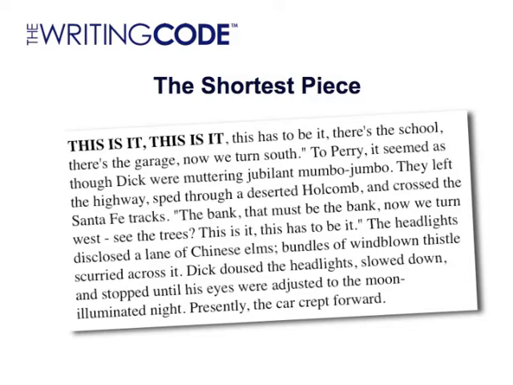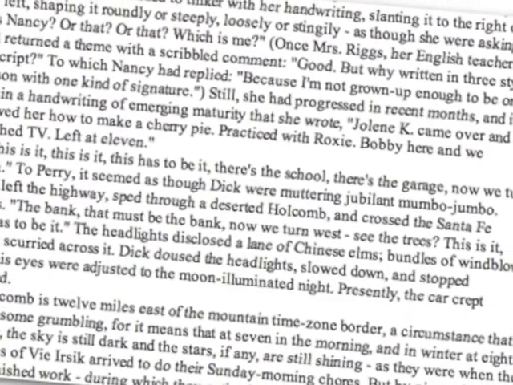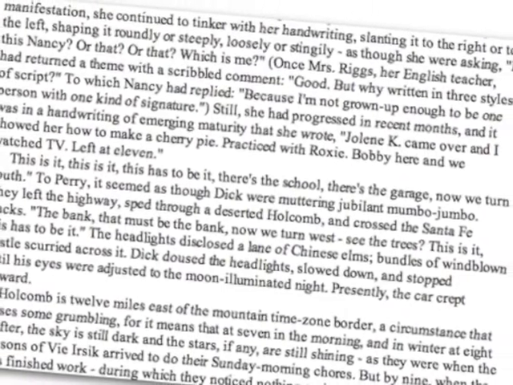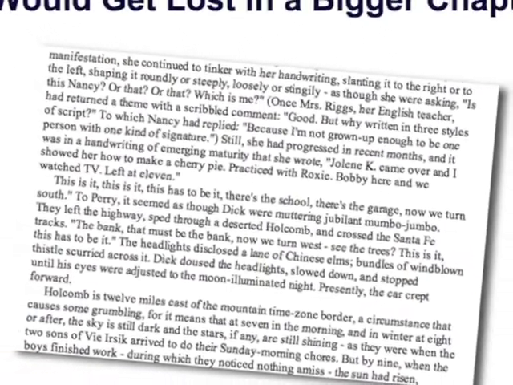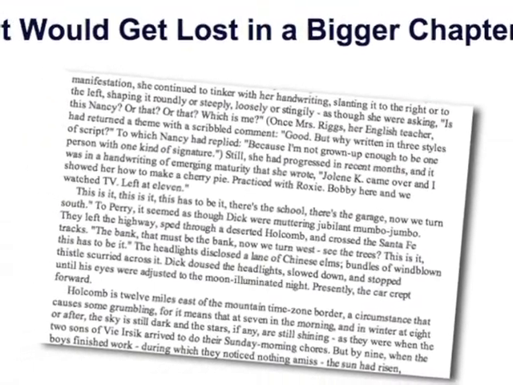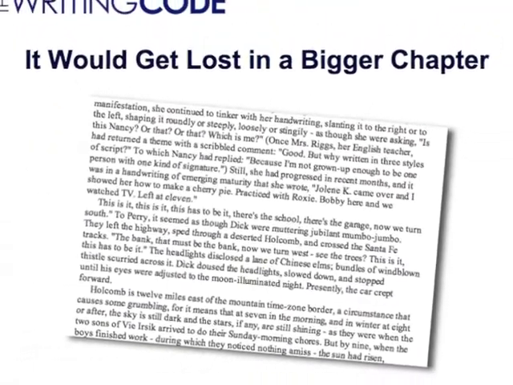Let's consider his shortest passage, the scene showing the killers Dick and Perry as they arrive at the scene of the murder. Pause the video and take a read. Now, if this scene got put into a bigger chapter, it would get lost. Even if it were at the end, the climax of a chapter, it would lose its punch by getting clustered into a larger chapter.